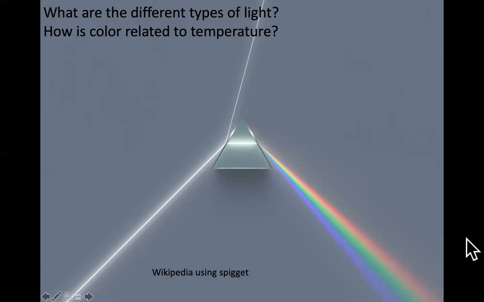There is red light, there is reddish greenish light, yellow, greenish blue light, etc. There are different types of light with different colors, but they're all a manifestation of the same basic phenomenon.